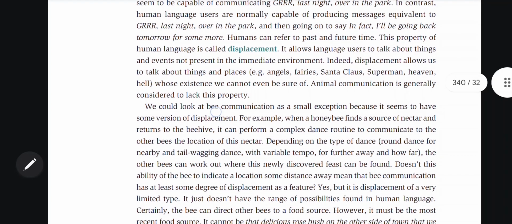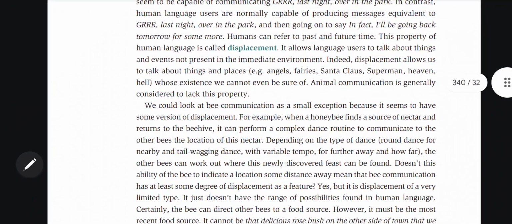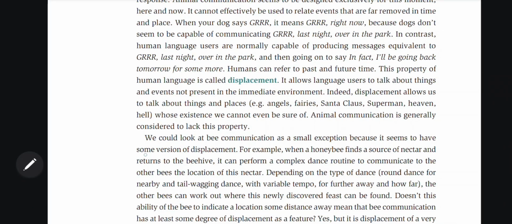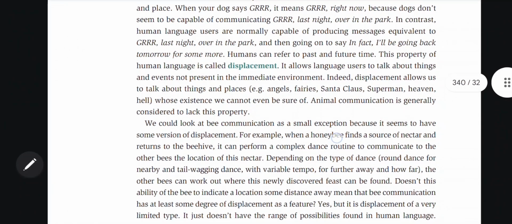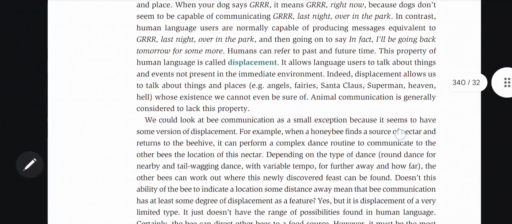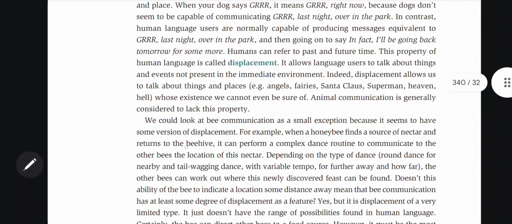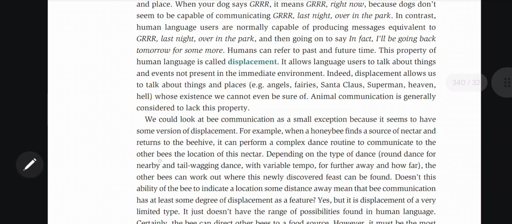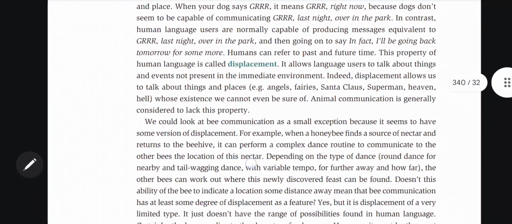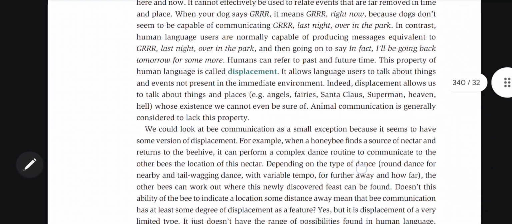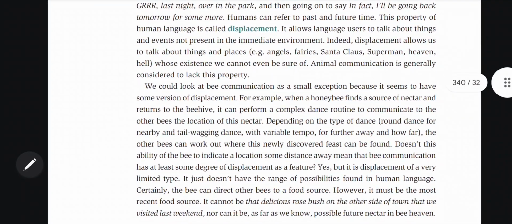We could look at bee communication because it seems to have some version of displacement. For example, when a honeybee finds a source of nectar and returns to the beehive, it can perform a complex dance routine to communicate to the other bees the location of the nectar, depending on the type of dance.